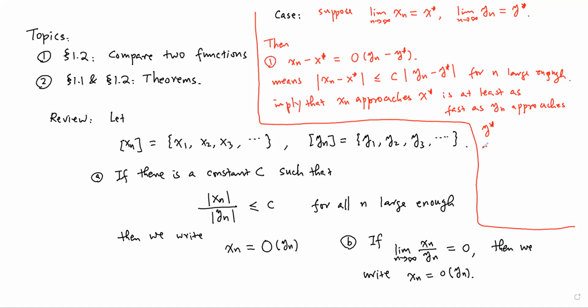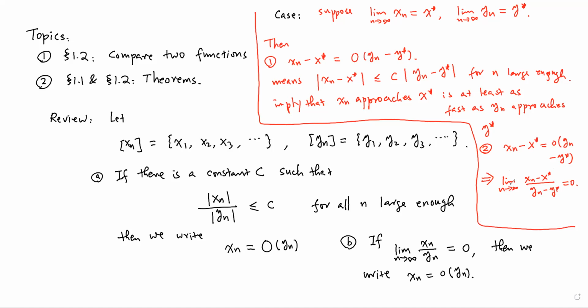Now, how about little o? If xn minus x star is little o of yn minus y star, this notation implies this limit is 0.